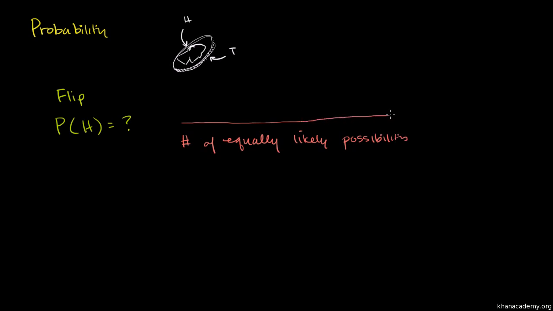And of the number of equally likely possibilities, I care about the number that contain my event right here. So the number of possibilities that meet my constraint, that meet my conditions.